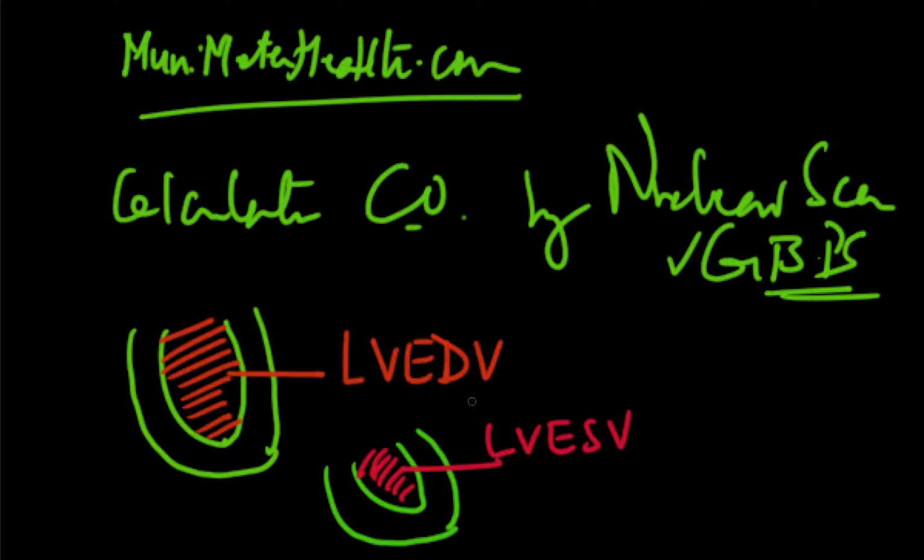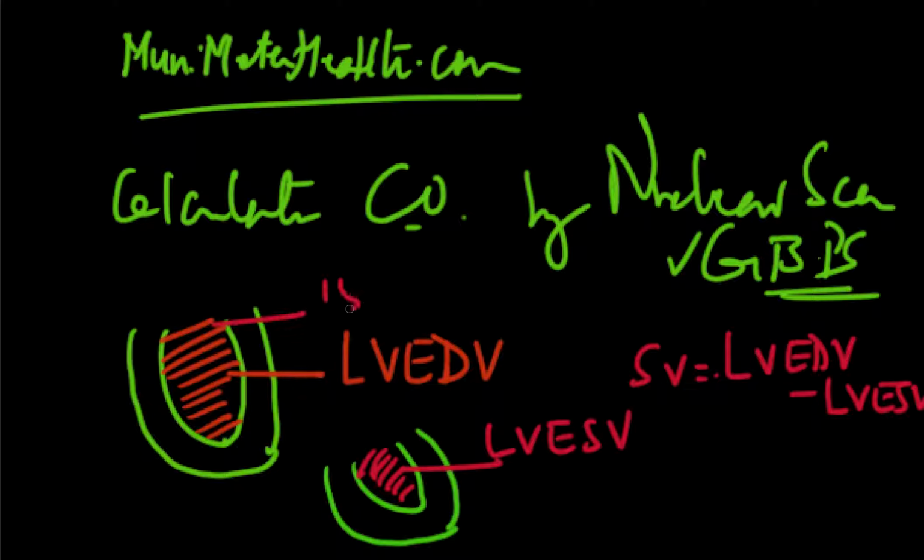Okay, so subtract LVESV from LVEDV and you'll get the stroke volume. So stroke volume is LVEDV, the end-diastolic volume, minus the LVESV. That's it. Normally at end-diastole the ventricle is fully filled and may have a capacity of 150 ml, say, for theoretical reasons.